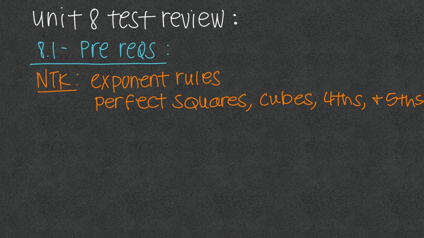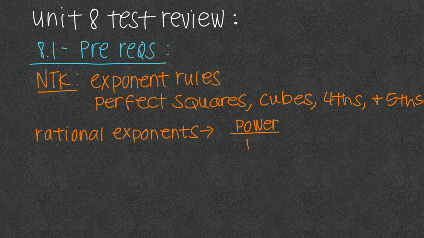The next thing that we talked about in 8.1 was rational exponents. Rational exponents were just exponents that had fractions. And for these, remember we always wrote them as power over root.